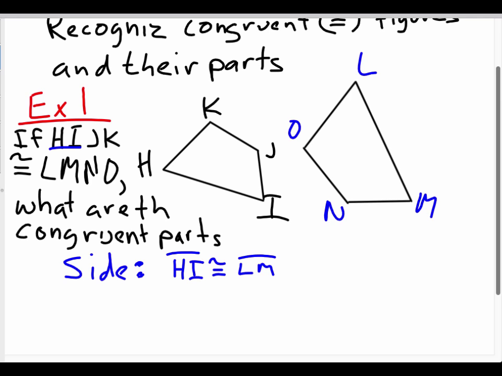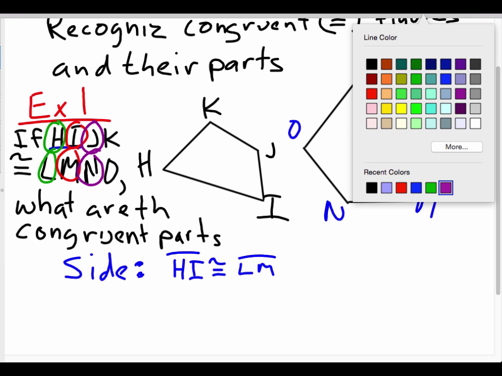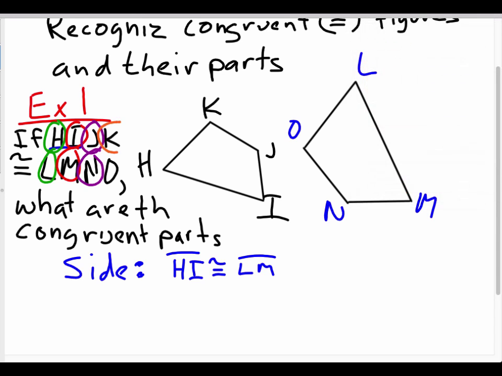So what we're going to have here is H should correspond with L. I should correspond with M. J should correspond with N, and then K should correspond with O, always. So they're telling us that they match, that they're congruent. That's given to us. And so now we're just going to do the side lengths and the angles, and we're going to label what's congruent.